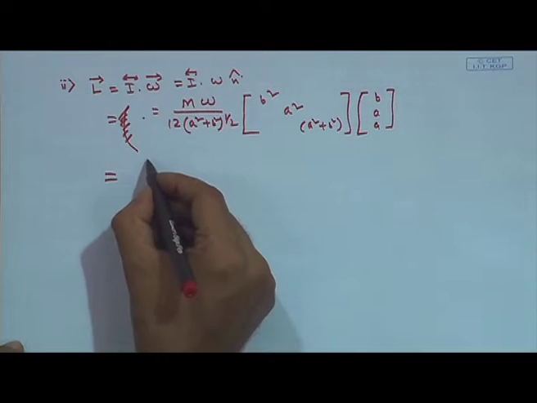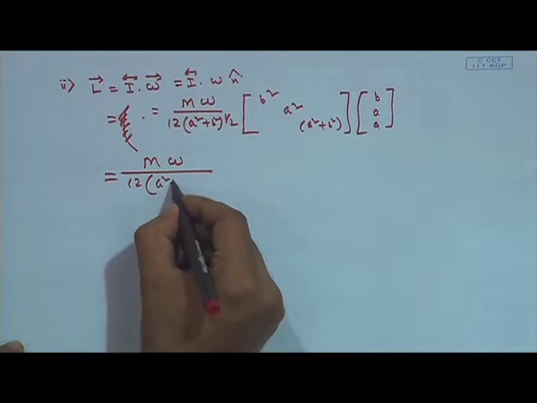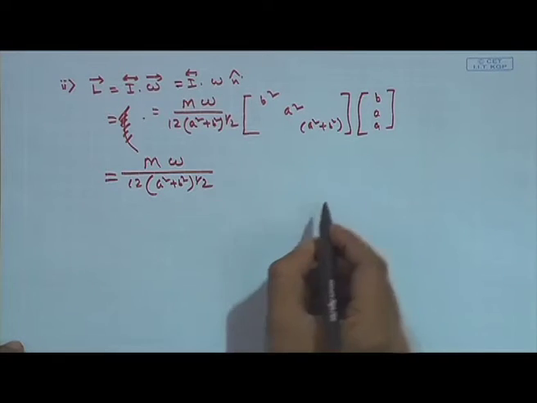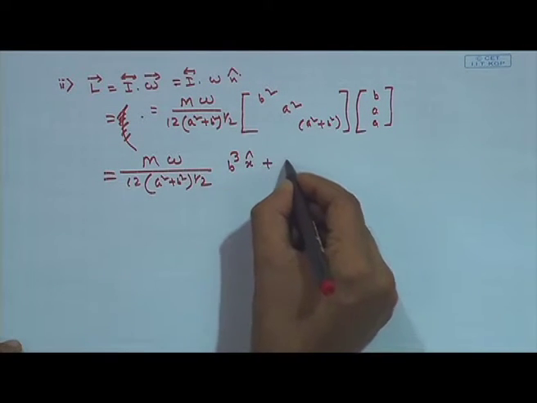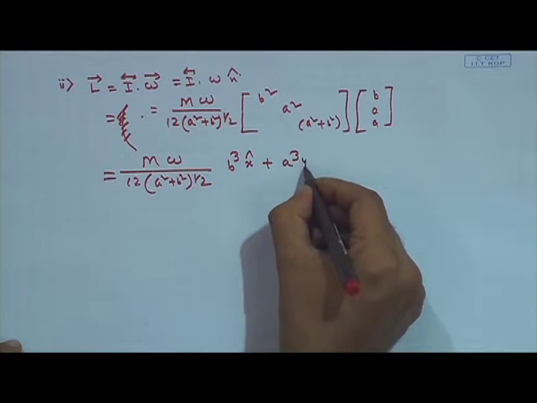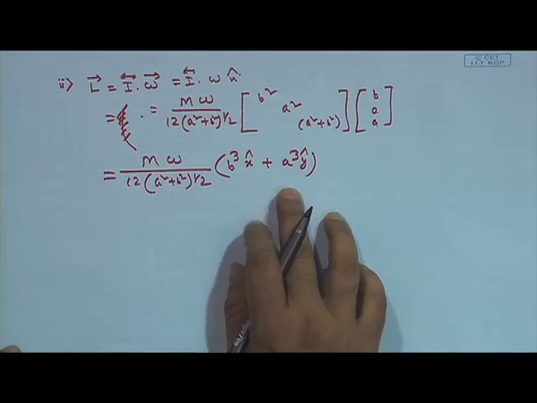So this will give you m omega by 12 times a square plus b square to the power half, times b cubed x cap plus a cubed y cap. So this is the direction of L.